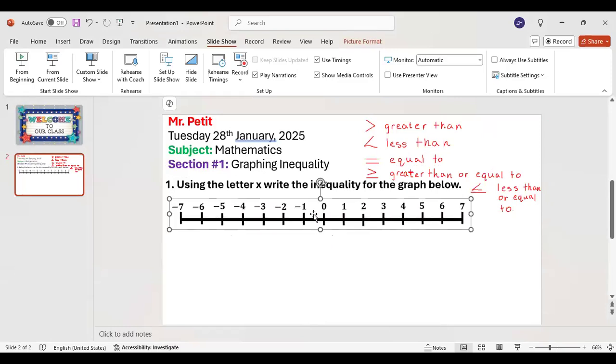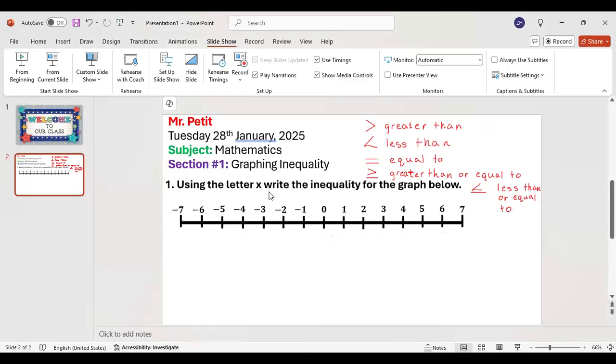Then we're going to say, okay, we have this number line, but I also have this circle.